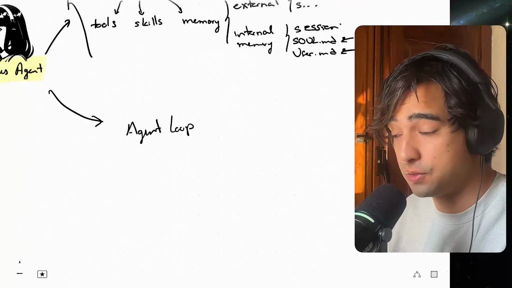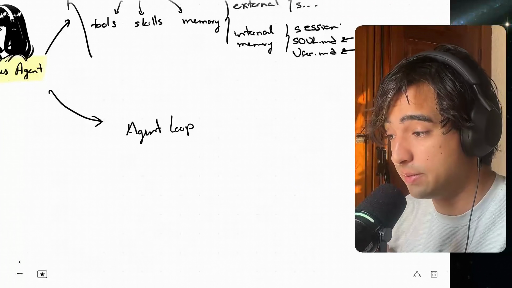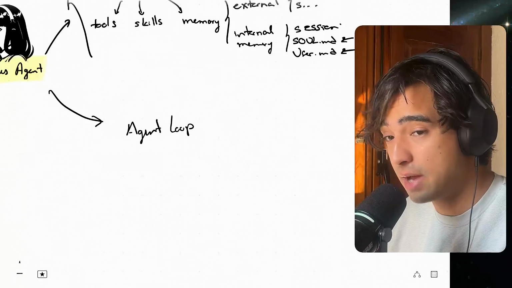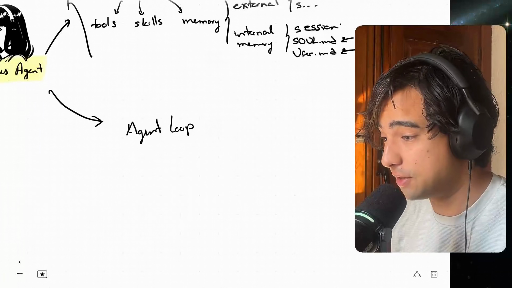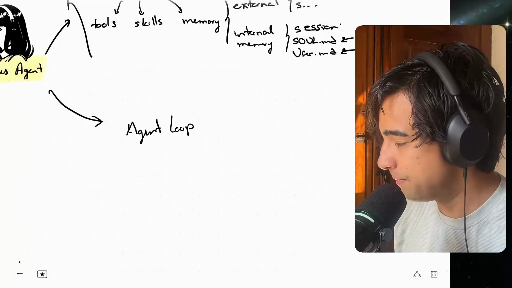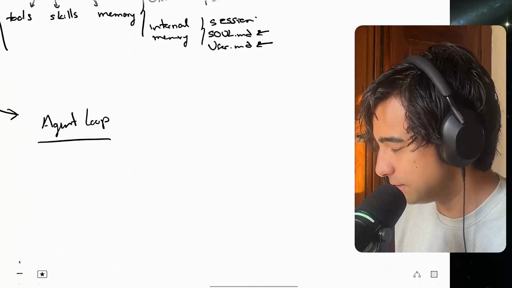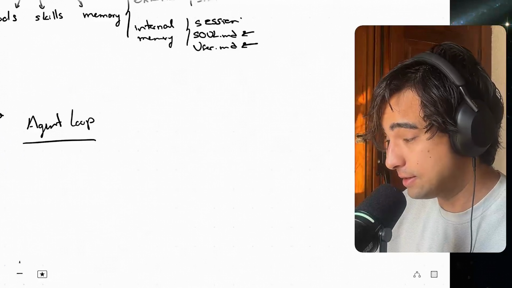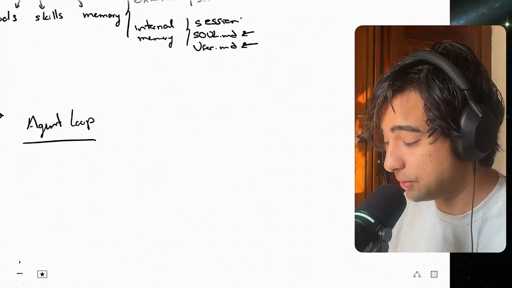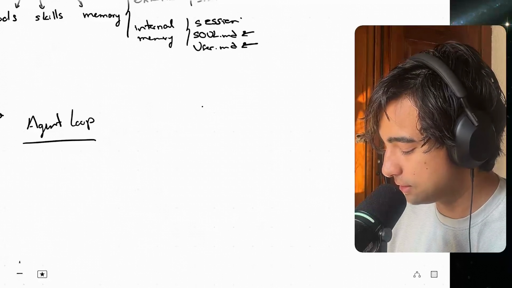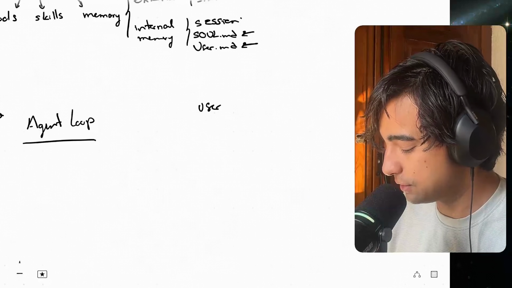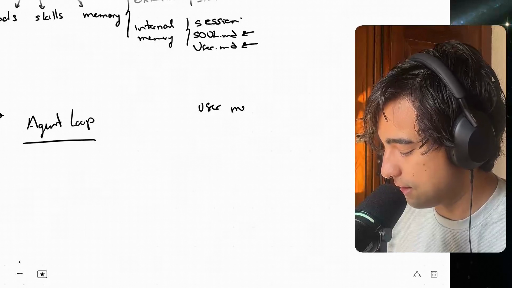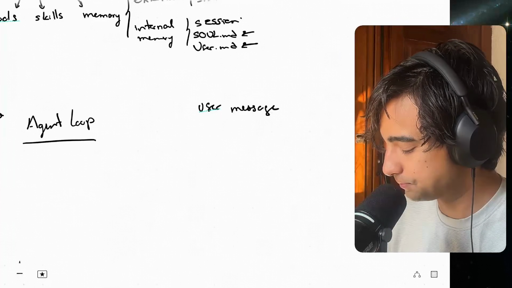It's similar to what you would see in other more minimalist agents, such as the Pi agent, OpenCode, etc. This is just a very simple loop in the sense that it is a system that happens every single time that the user sends a message. So let's say that the first step is the user sends a message like this.